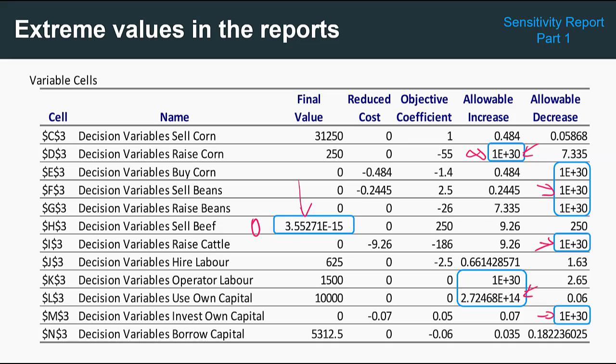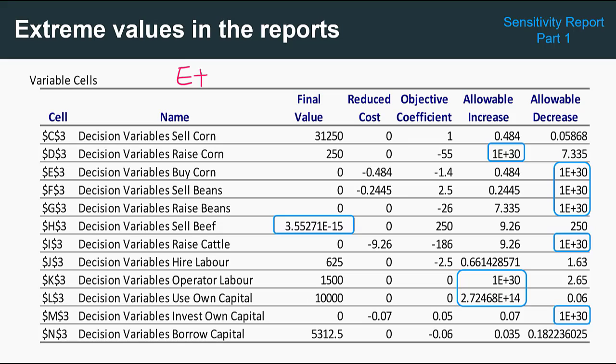This is Excel's way of showing infinity, and let me explain why. If Excel says e plus something, that means it is this number.